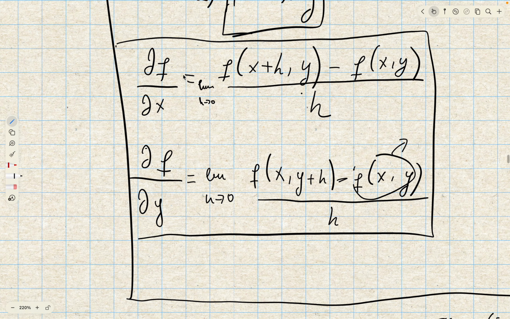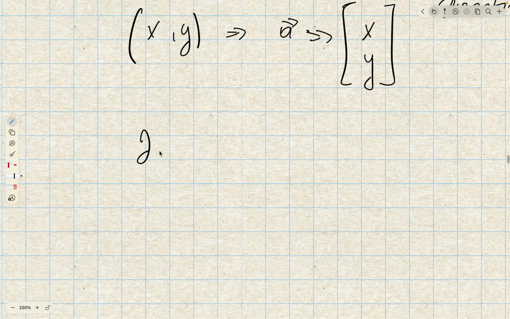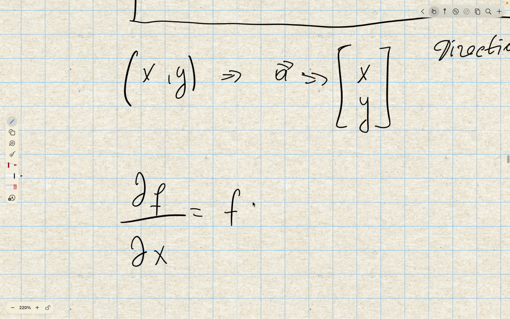For example, let's take this one. I will write it, then I will explain. This is our vector.